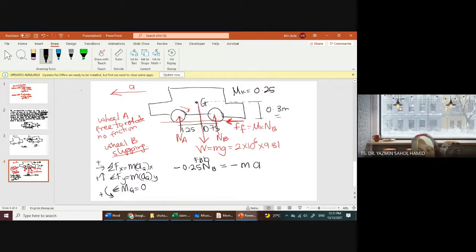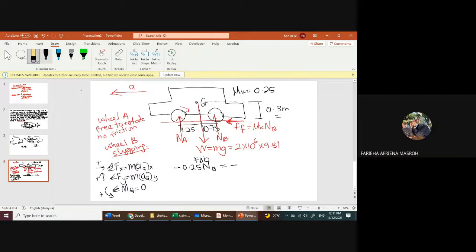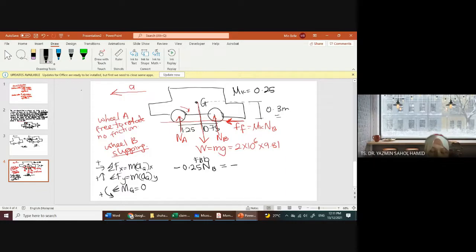Boleh tak? Are you okay guys? Boleh. So saya terus gantilah M tu berapa? So M tu 2000 kilogram lah. 2000 kilogram kali dengan A G.